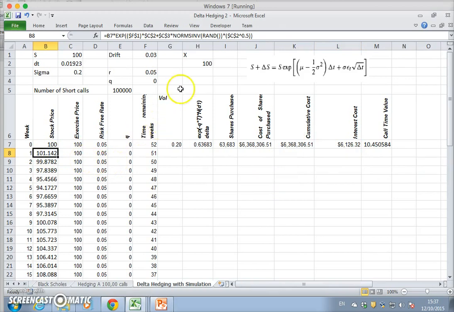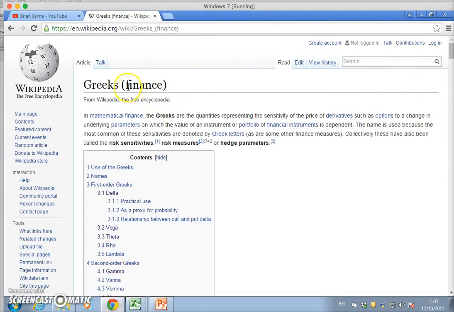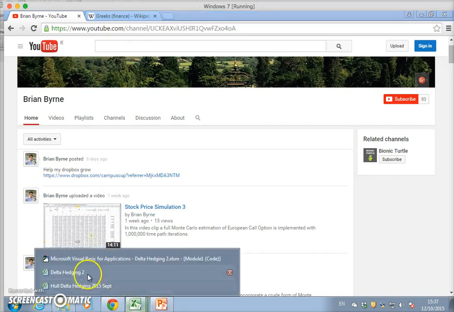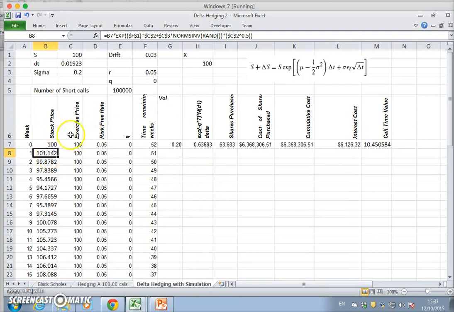Now we've generated, if we go back to my YouTube site, I did a stock price simulation tree. I outline here how to simulate a stock price. Likewise, I set up the same here. So basically, if I hit F9 here, this will update.